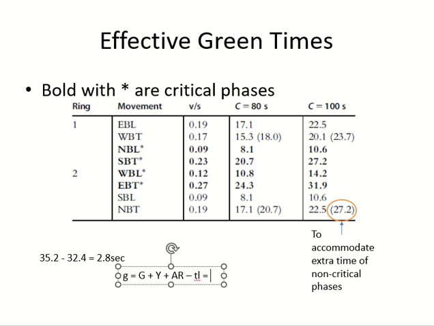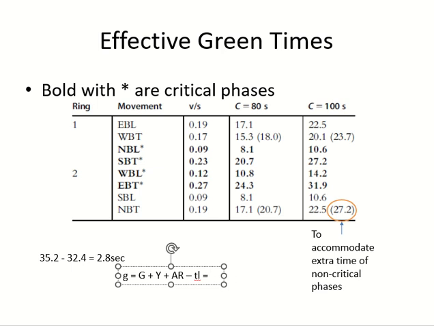I will take the small g's from here. Y and AR are already calculated, TL already assumed. So you will get green. And keep in mind yellow and all red are different for each direction: for east-west it is different and for north-south it is different. Lost time is 4 in all cases, and small g is from this table.